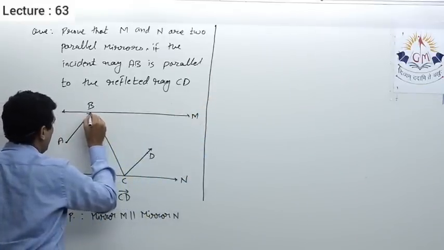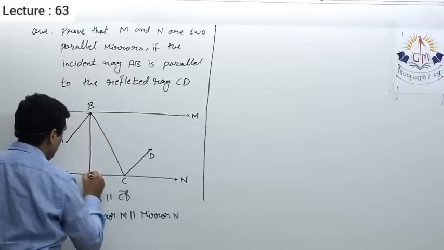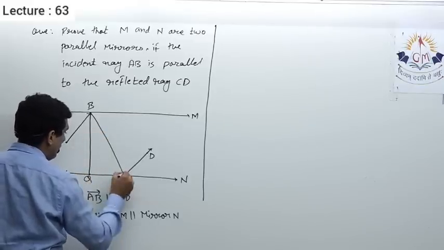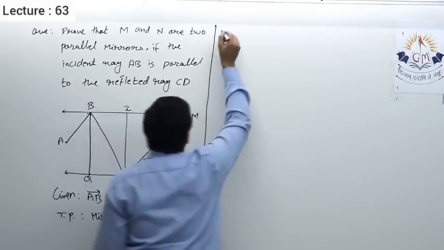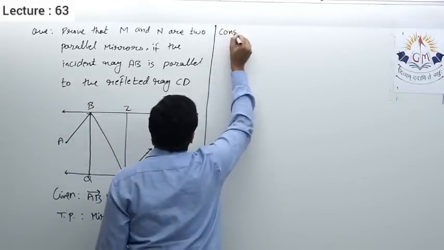We'll draw a perpendicular, or the normal, BQ, and over here it is CZ. Here I'll write the construction part.